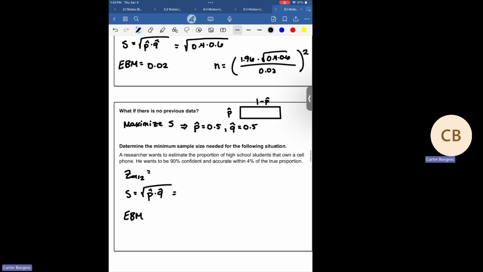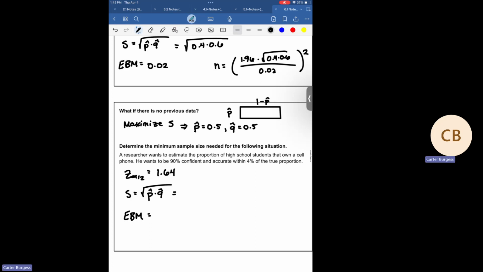What is the z-score that works with a 90% confidence interval? Oh, 1.64.